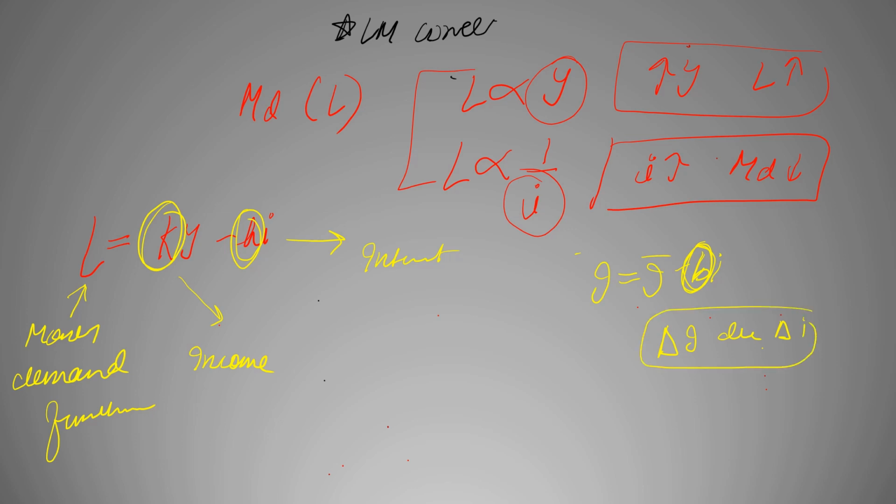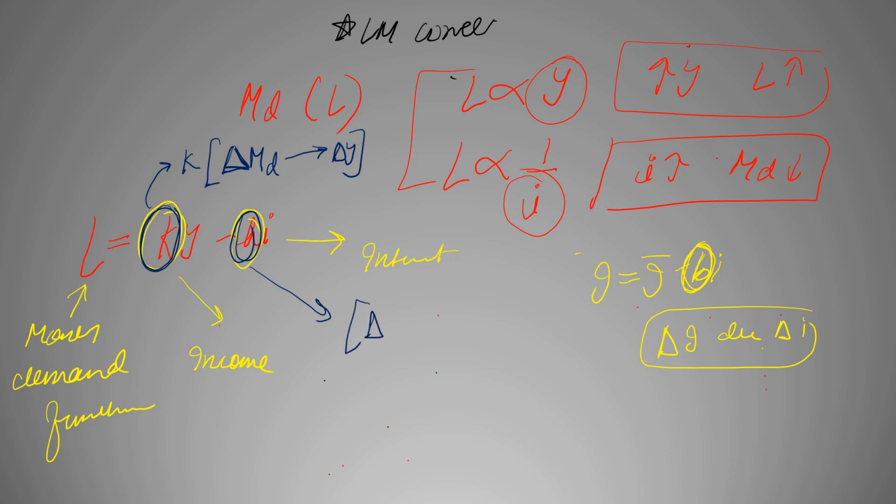Similarly, these two measure responsiveness, right? For example, K measures how much there's a change in your money demanded due to a change in income, and H measures how much is your change in money demand due to a change in interest rate, right? So we have L is equal to KY minus HI.